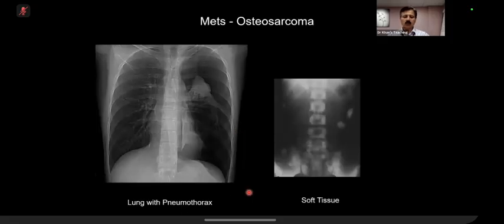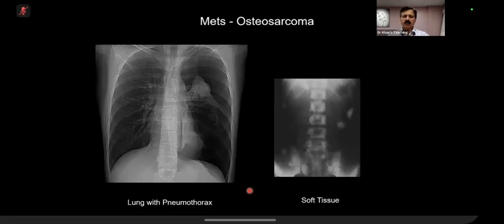Osteosarcomas, and this is for those of you who are sitting your 2As, a classical 2A question. Osteosarcomas, pulmonary or pleural metastases are there, and it will cause pneumothorax. And this has come in the exam many a time.